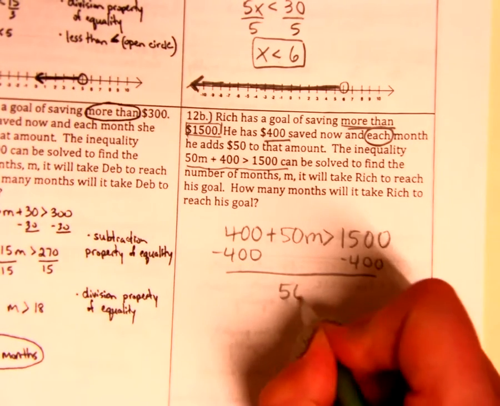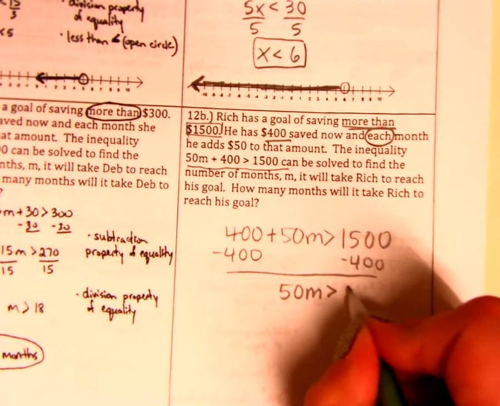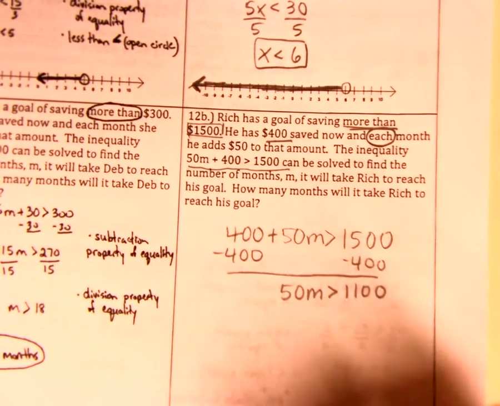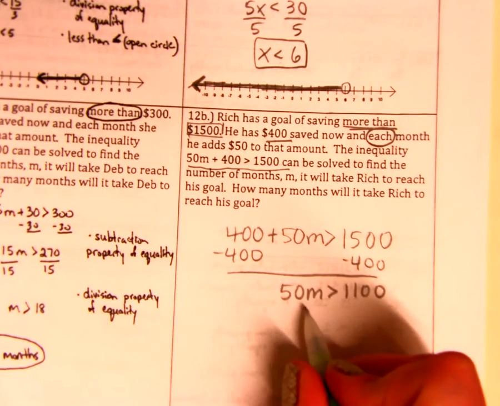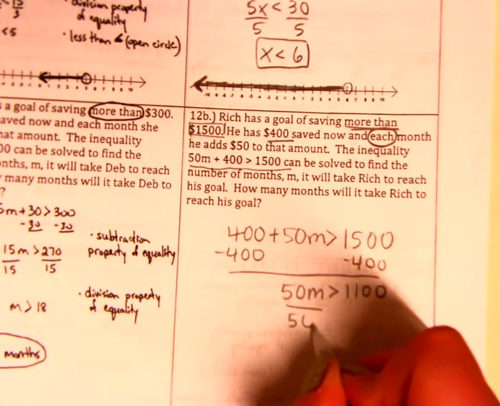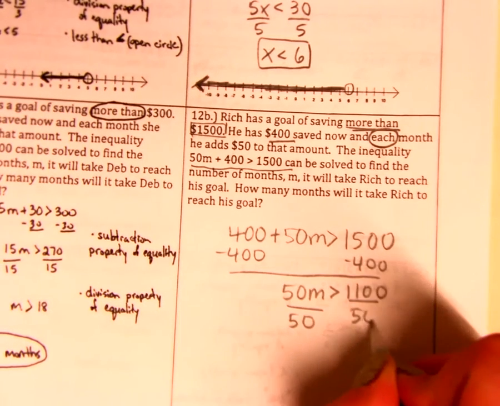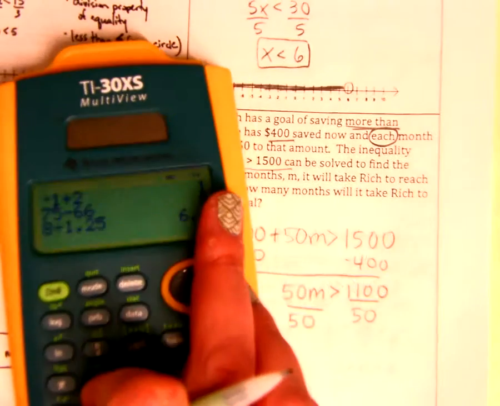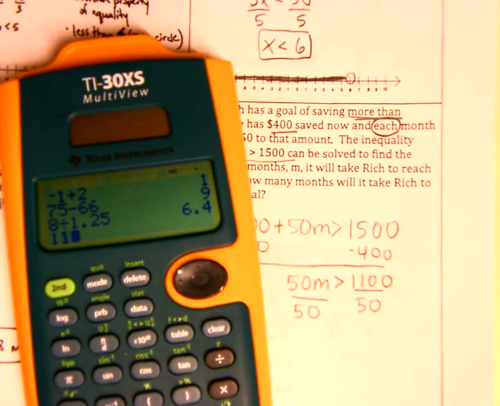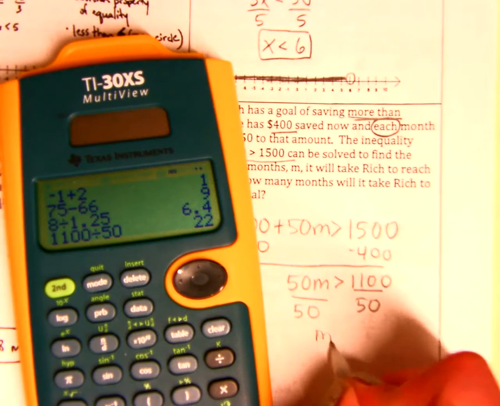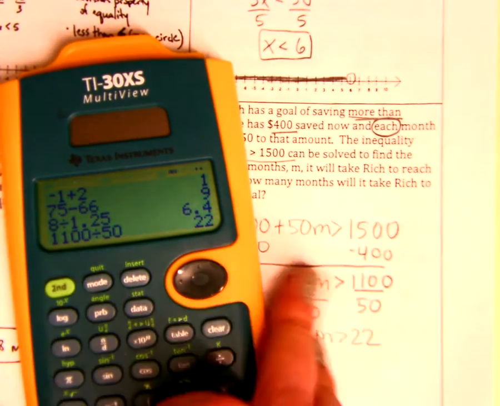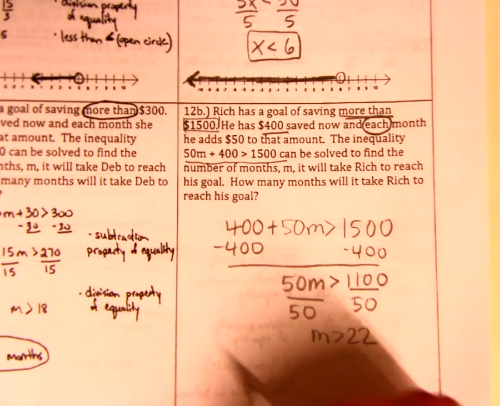It's going to give me 50m is greater than 1100. 50 times m, so we're going to divide by 50. And we have 1100 divided by 50 is 22. So it's going to take him at least 22 months.